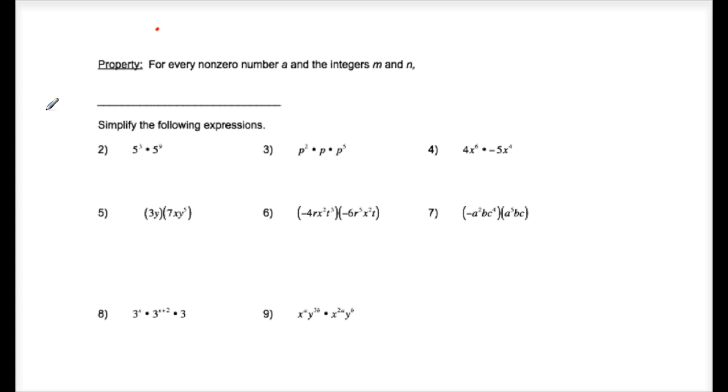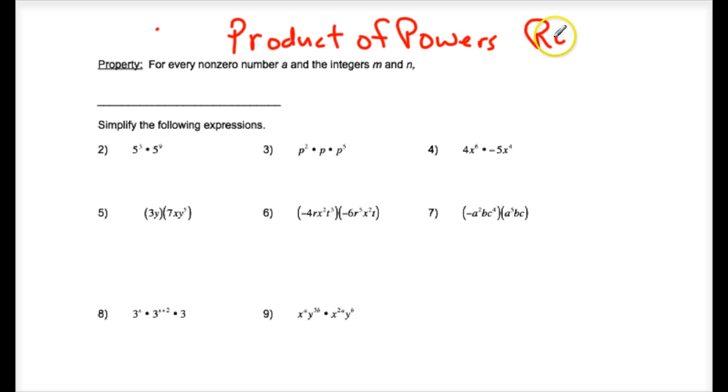All right, guys, on your note card, write product of powers. This is rule number 1. That's what this is going to be called. Product of powers, because you're multiplying with exponents. For any non-zero number a with integers m and n, the exponents have to be integers.